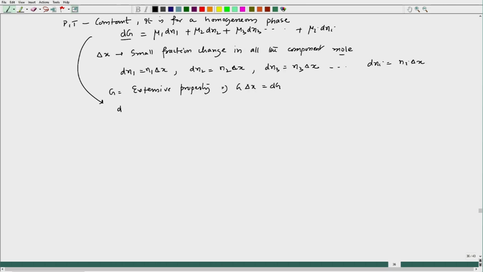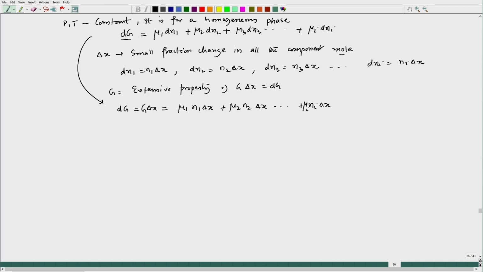So, I can write delta G equal to del x G del x equal to mu 1 N1 del x plus mu 2 N2 del x like this, plus Ni del x mu i. And if the change is additive, we have to consider additive.